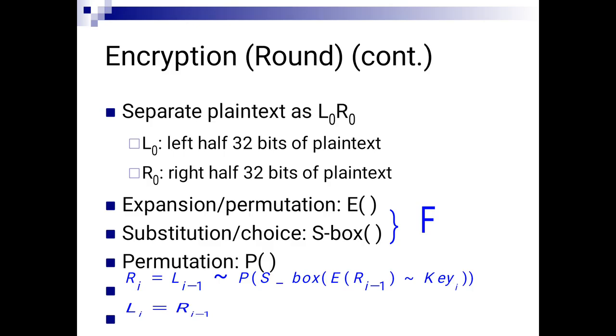This is about separating the plain text as L0 and R0. A block cipher maps an n-bit plain text block to an n-bit ciphertext block, where n is equal to the block length. For n-bit plain text and ciphertext blocks and a fixed key, the encrypt function E maps Pn under K to Cn.